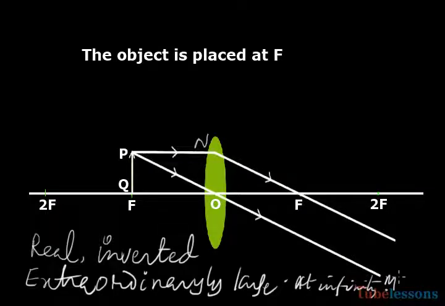So we will not be able to see the image, because as it is at infinity we cannot see a point at an infinite distance. This is a real image, inverted image, extraordinarily large and at infinity. Next case.